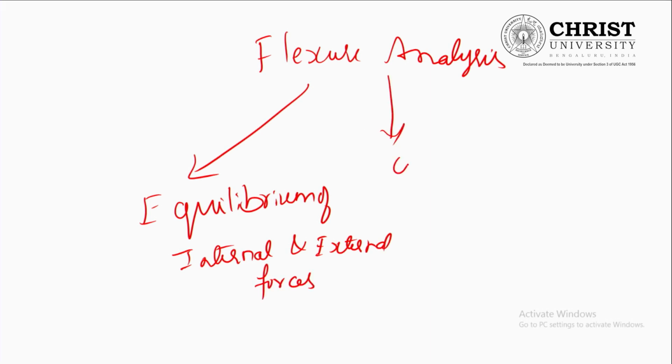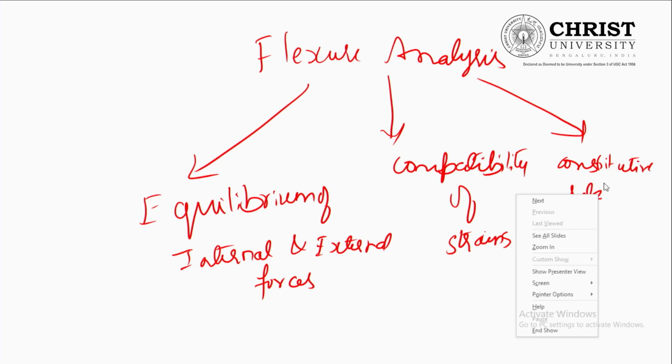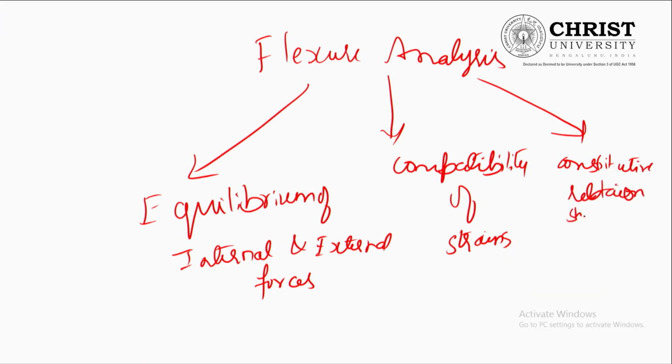The other one was compatibility of strains, and the third one is the constitutive relationship of materials, in the sense of the material properties. All these three principles were used in analysis of flexure.